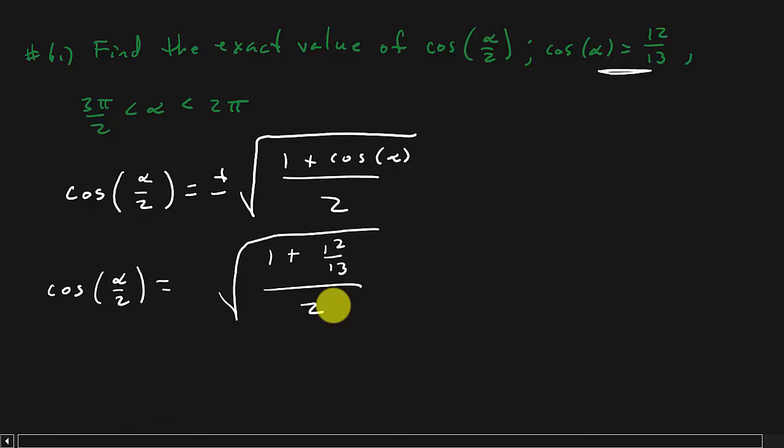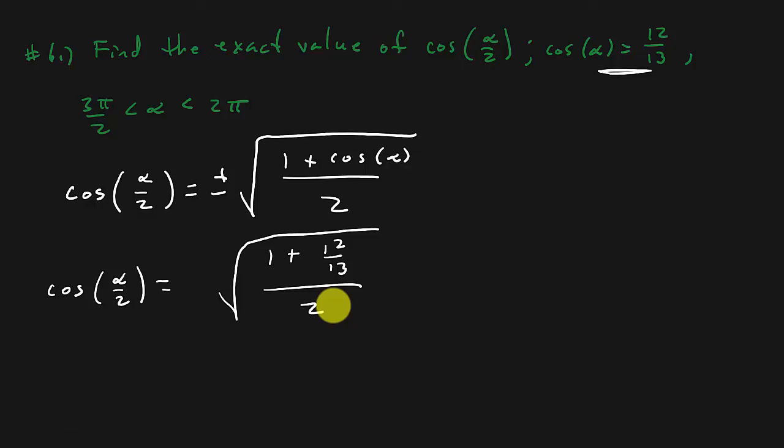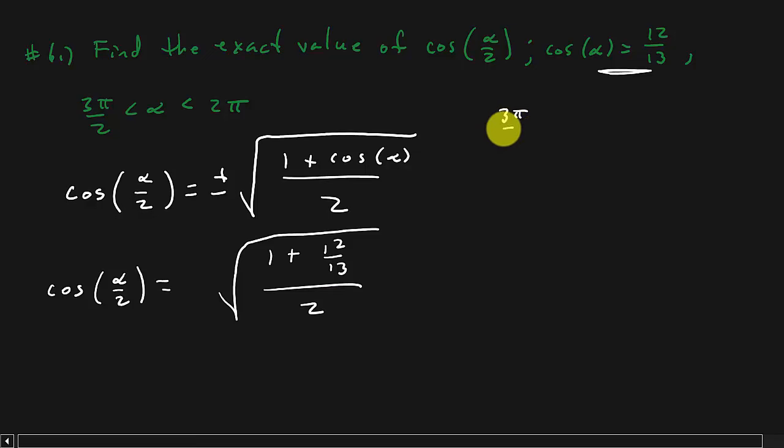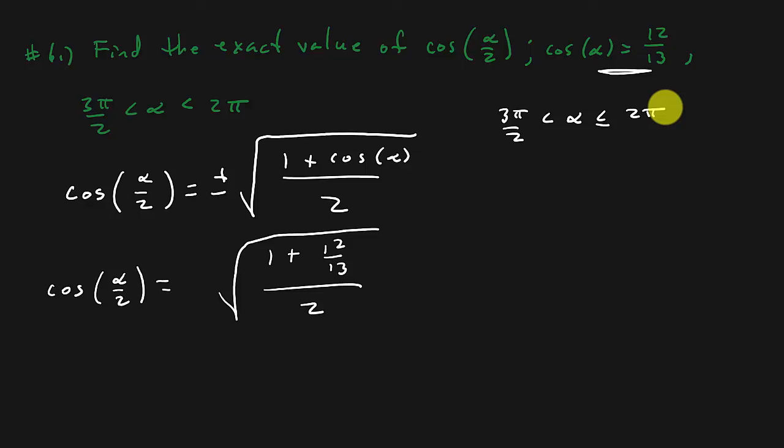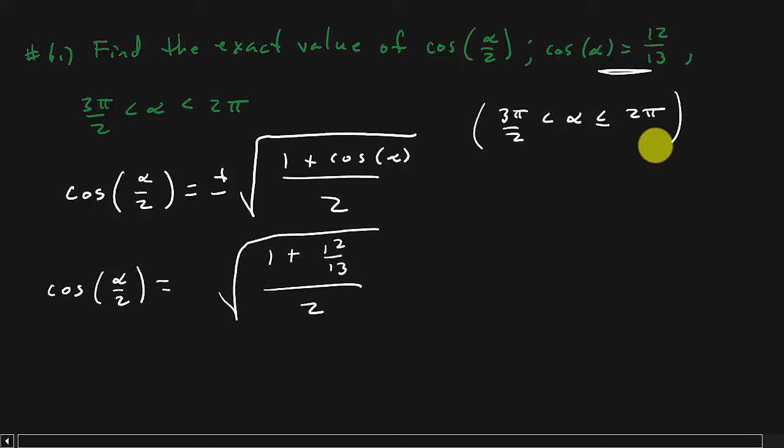Now, we've got to figure out which quadrant we're in. Well, notice that 3 pi over 2 is less than alpha less than 2 pi. That's the quadrant alpha's in, between 3 pi over 2 and 2 pi. It's in quadrant 4. But we want to know alpha over 2.